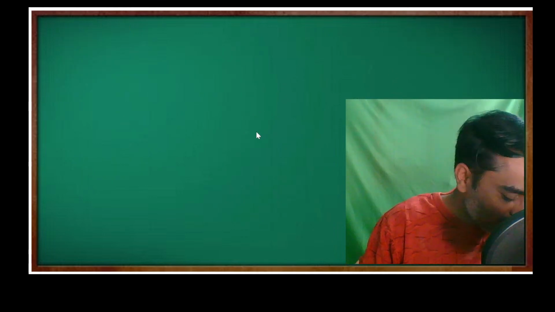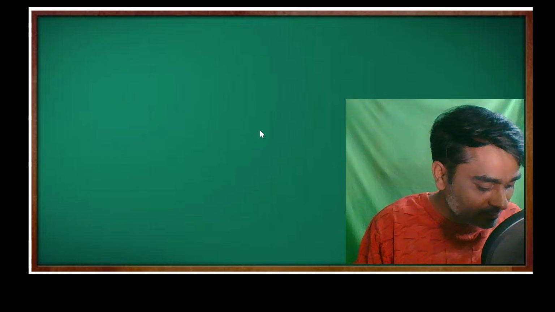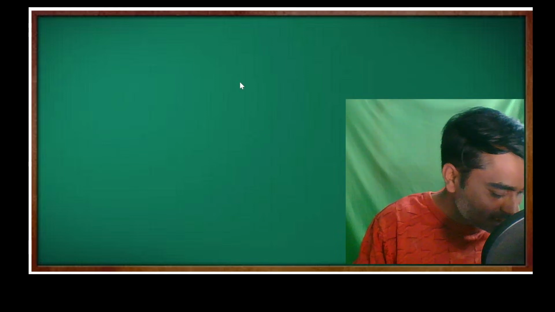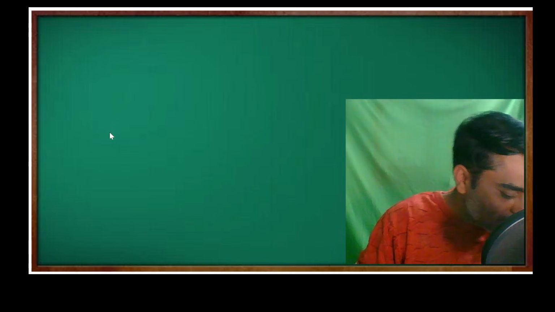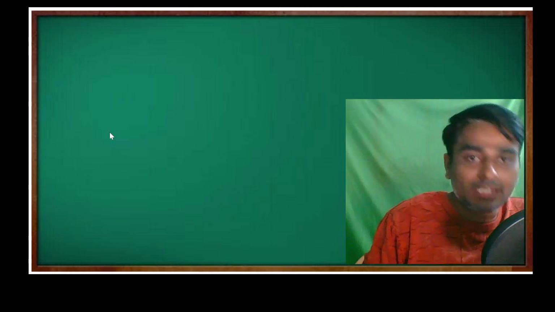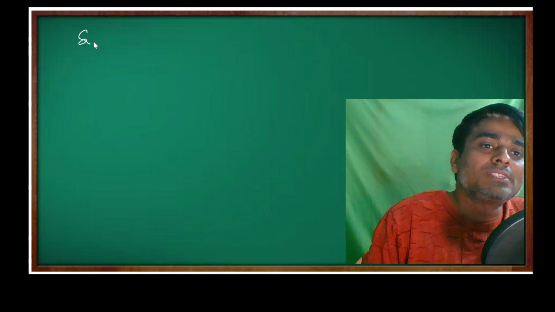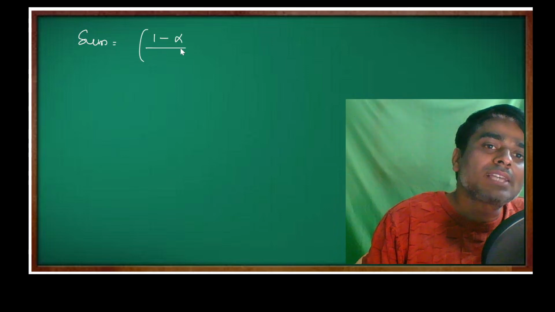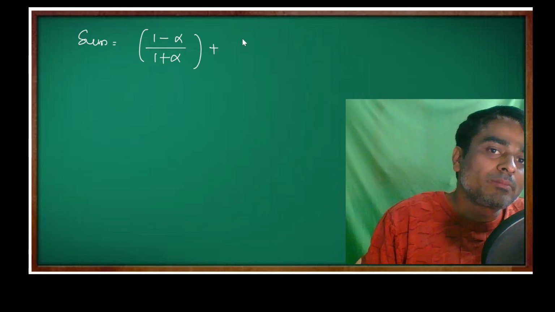So first let's find out the sum of zeros. Whatever is required we will find, right? So what is the sum of zeros? Sum is equal to (1 minus alpha) by (1 plus alpha) plus (1 minus beta) by (1 plus beta).